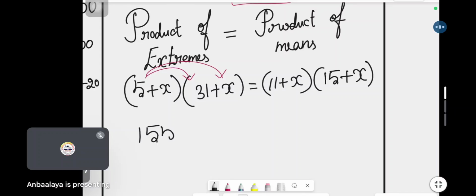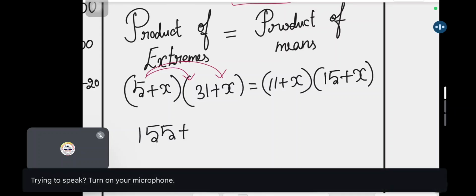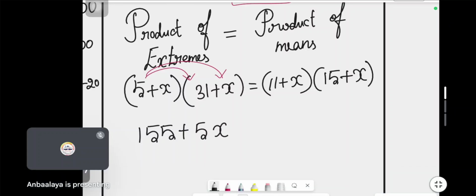You multiplied it so fast. 155 plus 5x plus 31x plus x square.